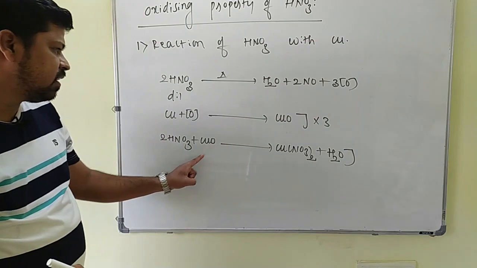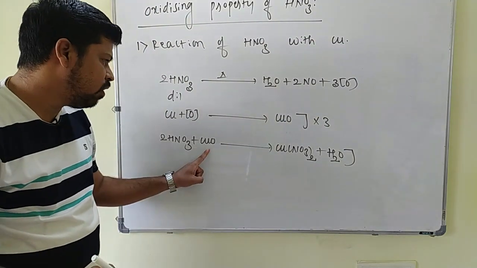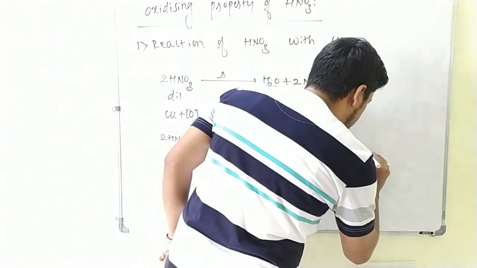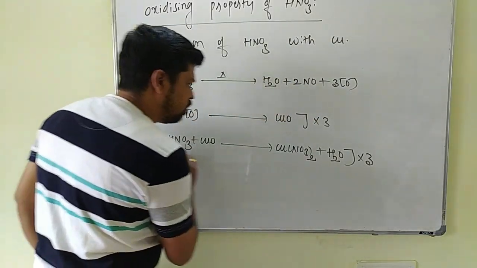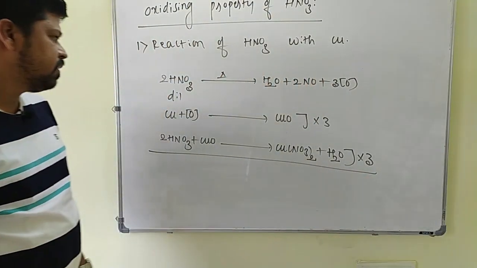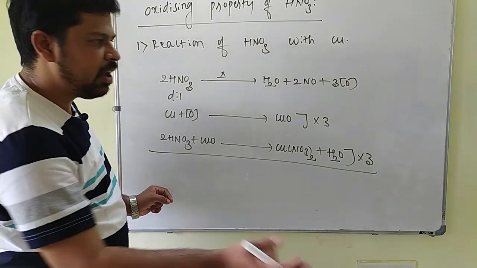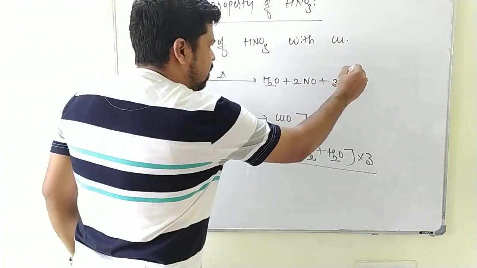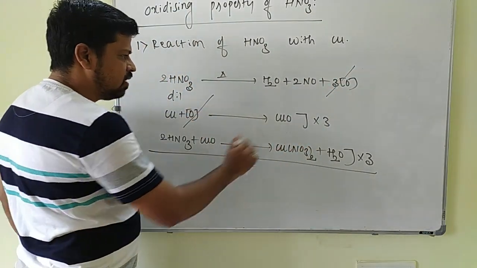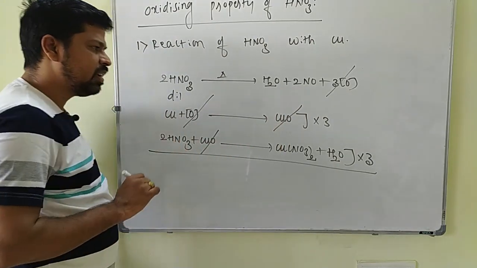Again, in order to balance these two, 3 times of copper oxide is there, here only 1 time. So this also is multiplied with 3 here. So very simple reaction. Now you see here the 3 nascent oxygen get cancelled, and the 3 times of copper oxide, these two get cancelled here.